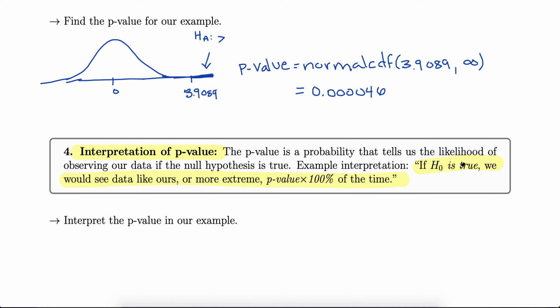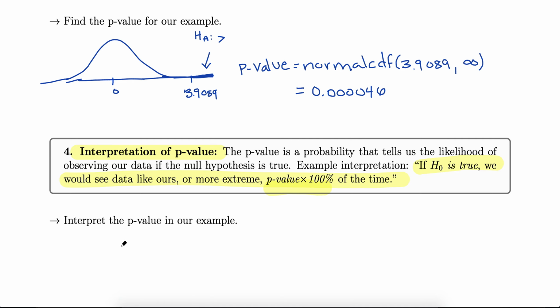So if the null is true, we're going to see our data, so we put our data in that test statistic, or more extreme, we shaded more extreme according to HA, the above part, this percentage of the time. So notice this is just a regular decimal. To make it a percentage, you need to take the p-value and multiply by 100.